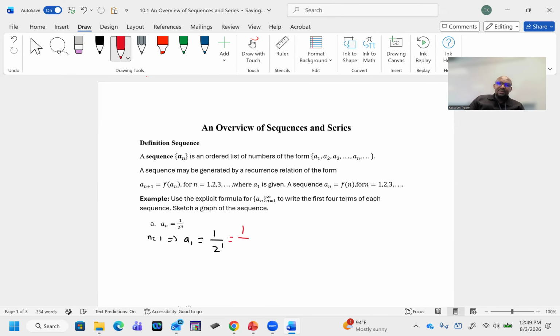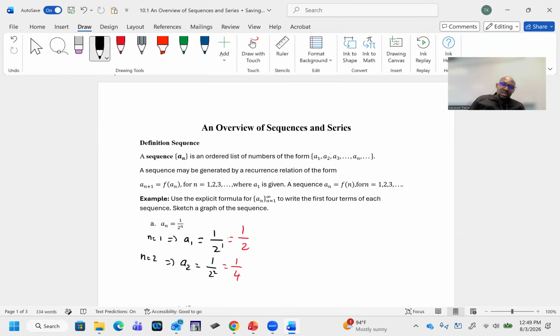So that means A sub 1 is 1 half. And if n is 2, A sub 2 will be 1 divided by 2 squared, which is 1 over 4.